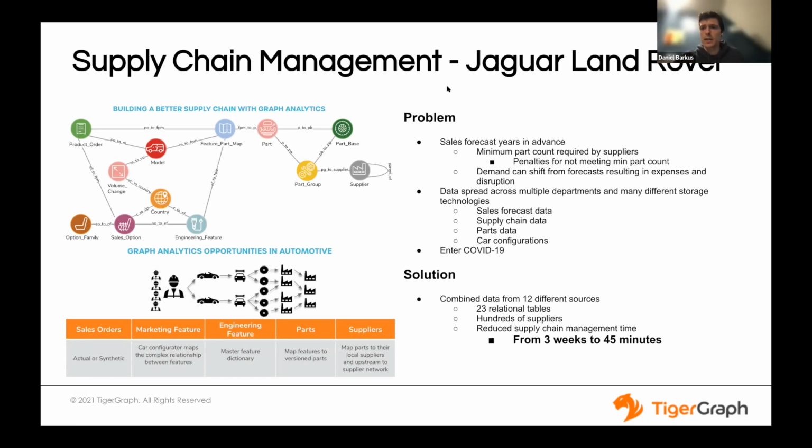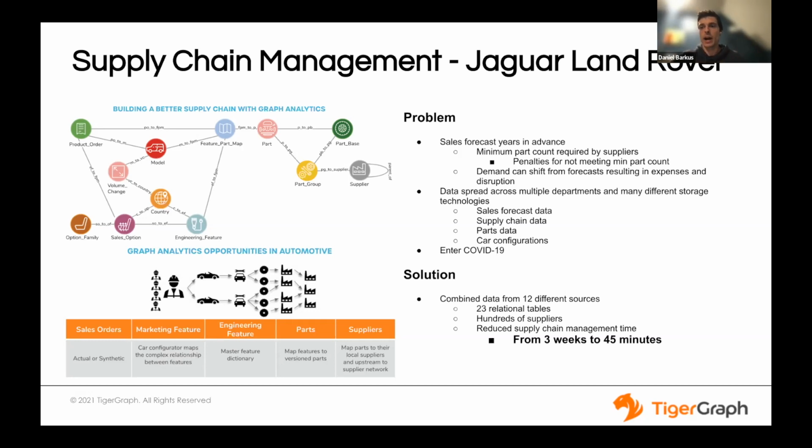Because all of this data exists in different places in most companies. Most companies don't have one central database where all of their marketing data, all of their sales forecasting data, all of their supply chain management data, all of their product design data, none of that all lives together because there's no reason for it to in the past.